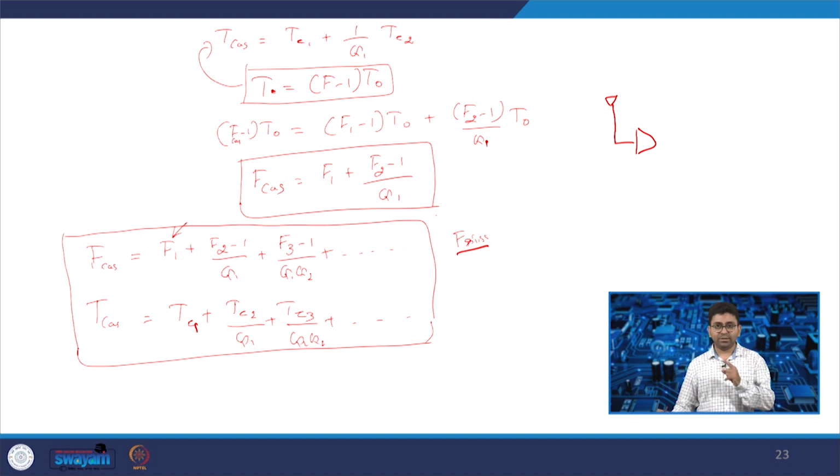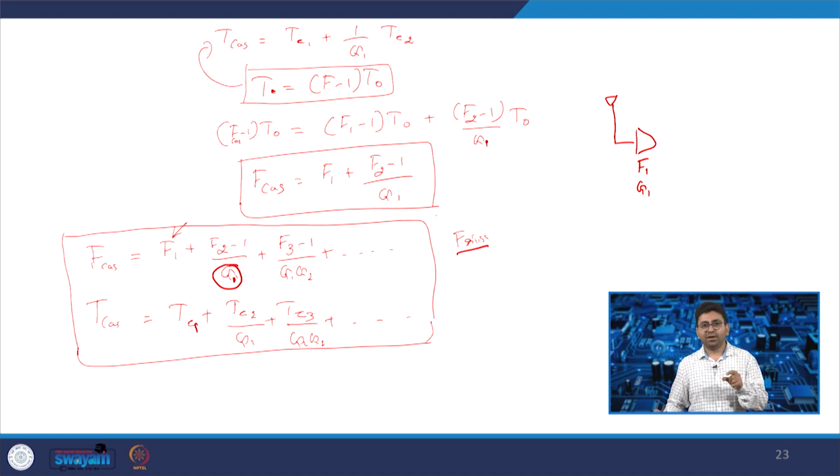So, there are two things that we should keep in mind while designing a low noise amplifier: one is the noise figure of the first component F1, and the gain of the first component, that is G1. Your gain also should be sufficient, because it is going to come into the denominator of the second term.